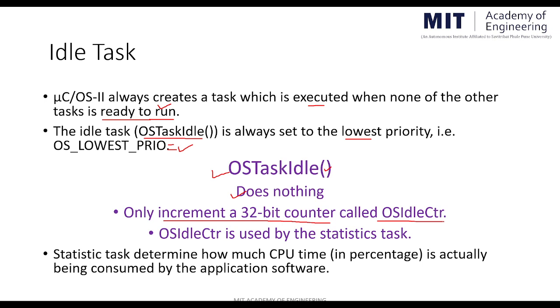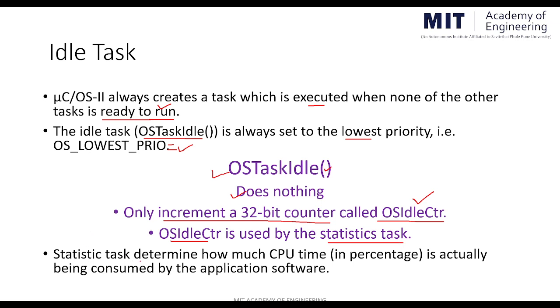So generally we use a CNT variable, but this is the variable used by the OS as a counter in the idle task. So the purpose of the idle task is just to increment the counter, which is defined by the variable OS idle CTR. So OS idle CTR is used by the statistic task. Afterwards, the idle task is just incrementing the counter, and this counter is used by the statistic task.